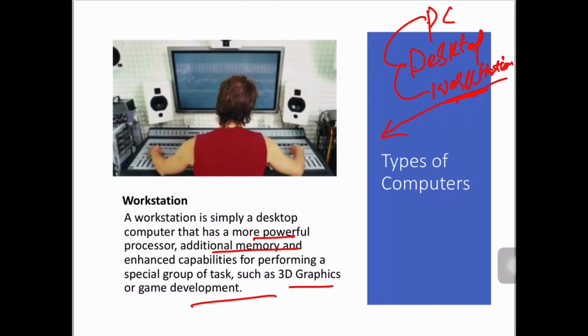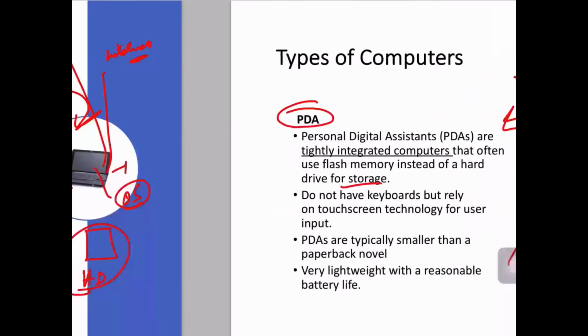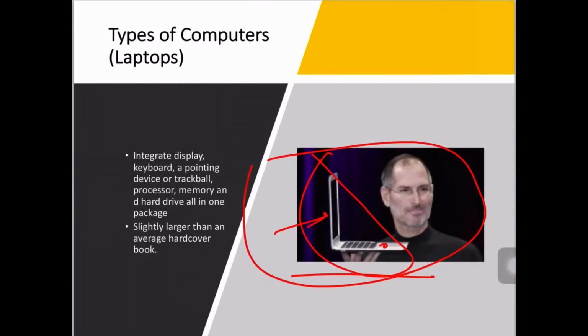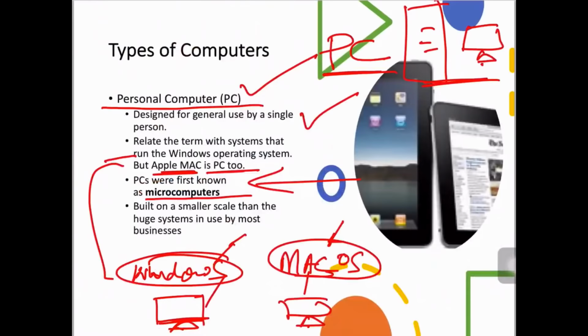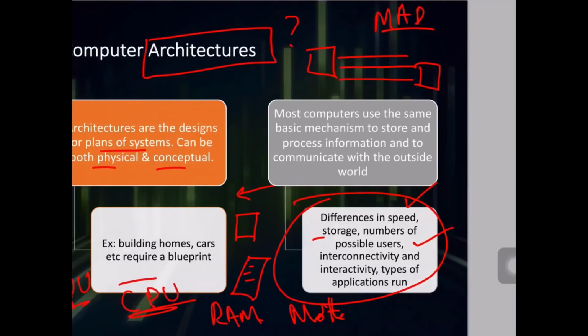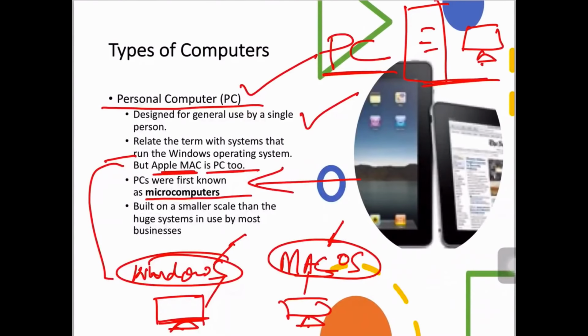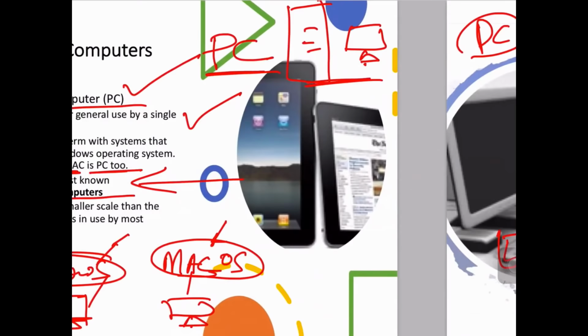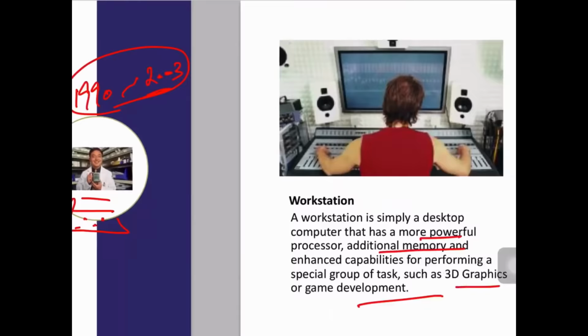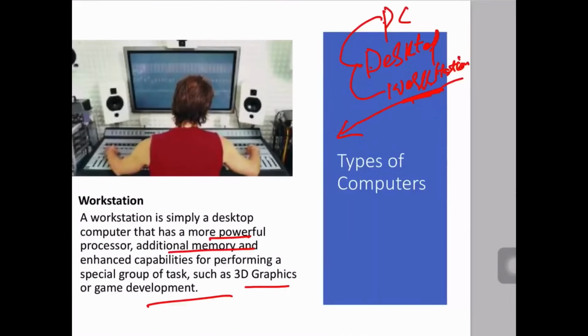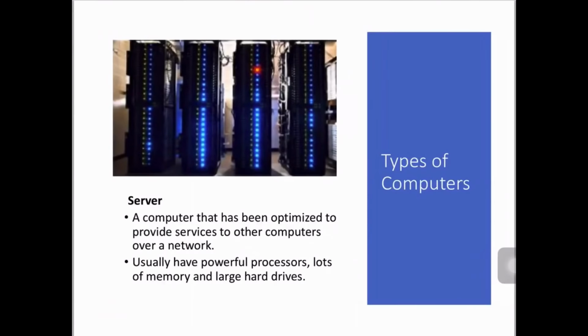Okay, so the workstations, PDA, netbook, laptops, desktop, personal computer. Please pause and write on your notes whatever you would like about these slides, and after that you can resume for the remaining lecture.